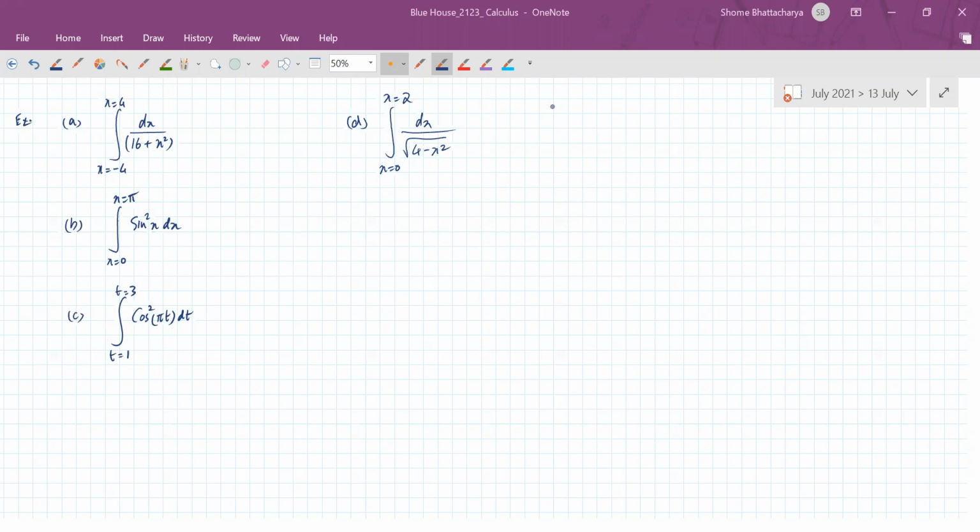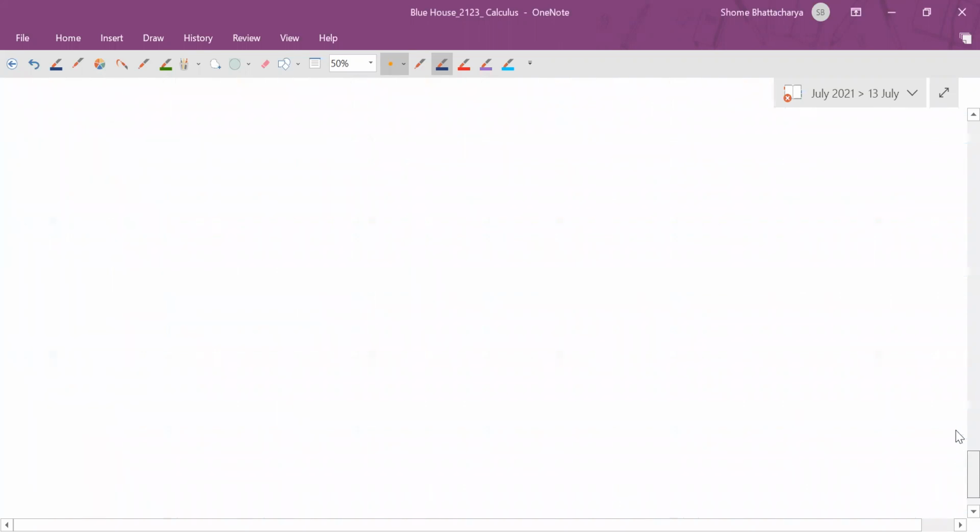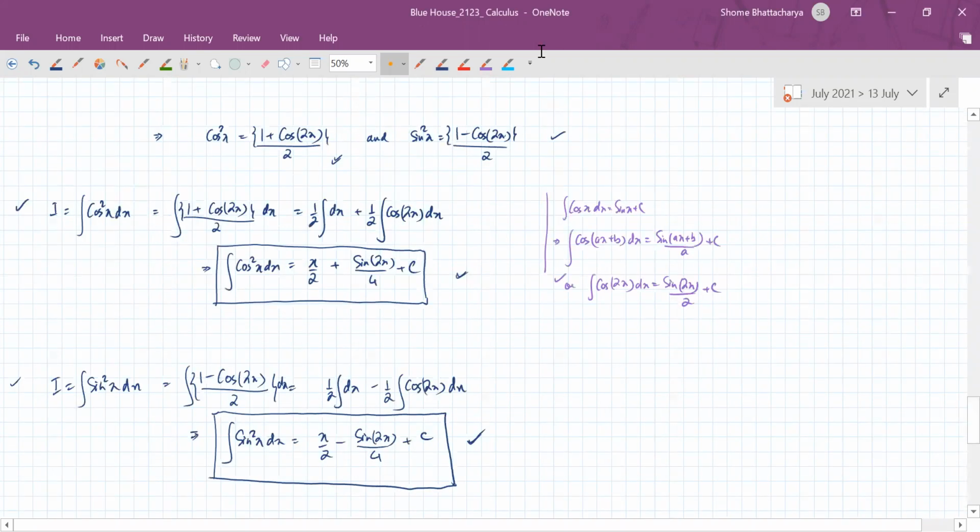Sir, can you scroll up for a second? Scroll up to what, that cos square sin square integration. Ah, yes, sir. Okay, sir. Thank you.